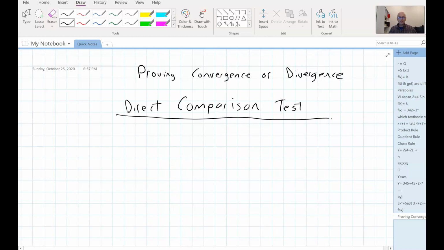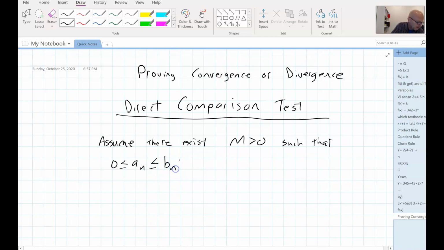So find the direct comparison test on there, and the way the direct comparison test goes, it says that you assume there exists an m greater than 0 such that 0 is less than or equal to a sub n, which is less than or equal to b sub n, for all n greater than or equal to m.